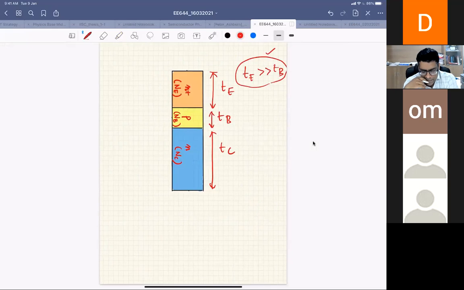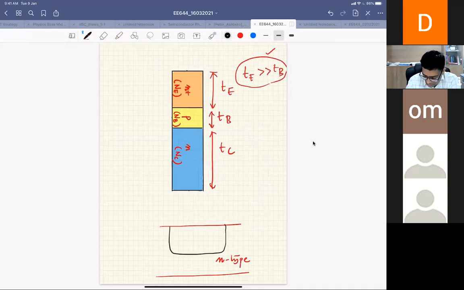But the point is, if I want to do it by the implantation method, see how you form the base. You have your collector, which is n-doped. You will implant your base, then you will implant your emitter.